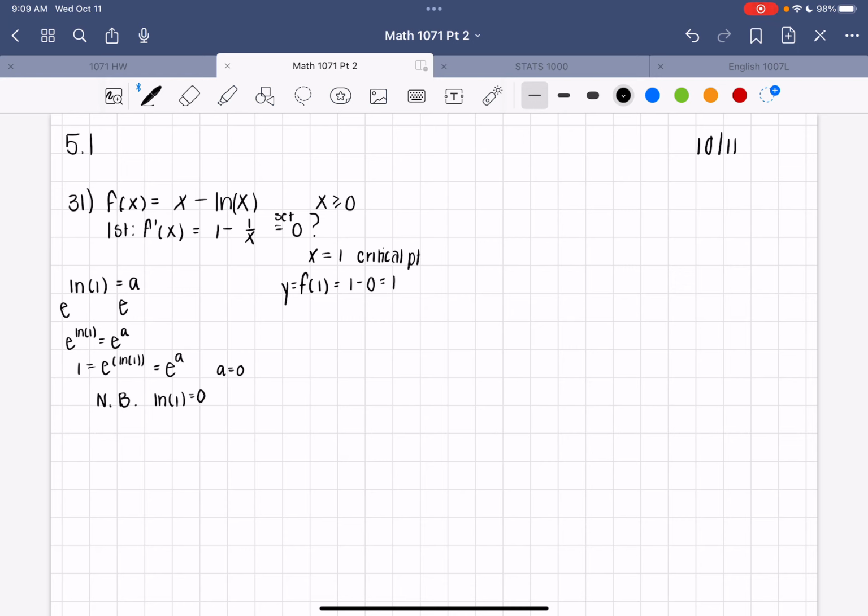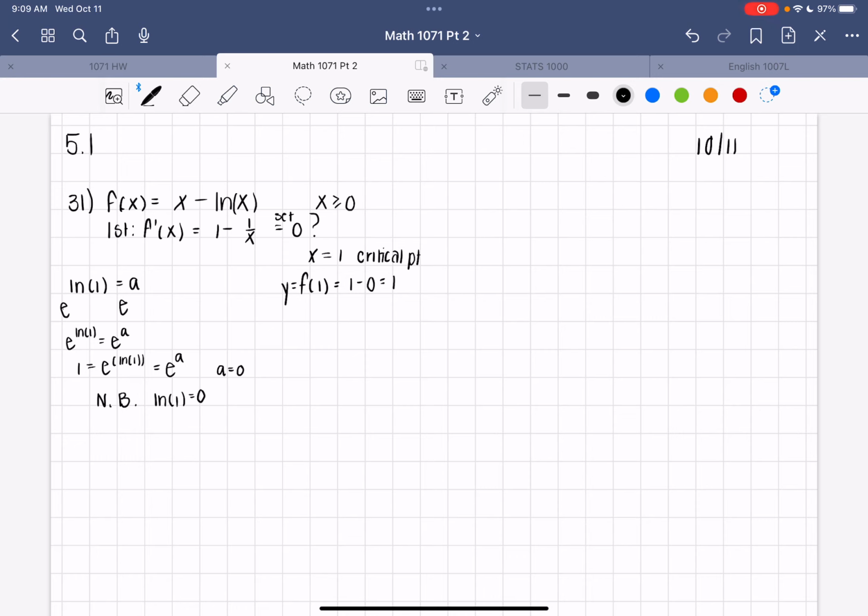No, it didn't. Okay, so I won't. Usually in Calc 1 we talk about asymptotes at this point, but it's not in 5.1. Maybe it's in 5.2. I'll look later.